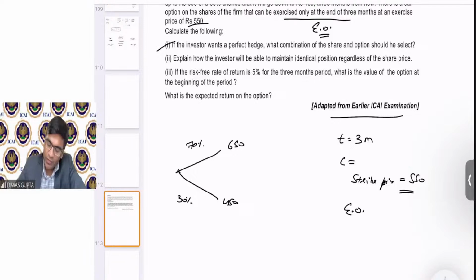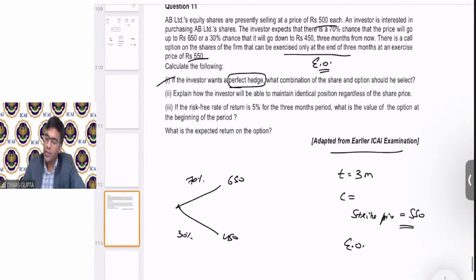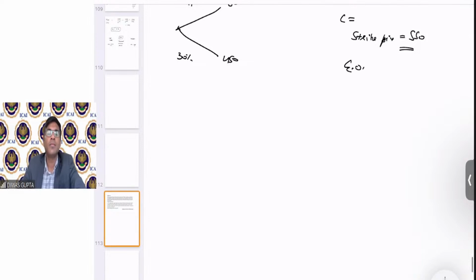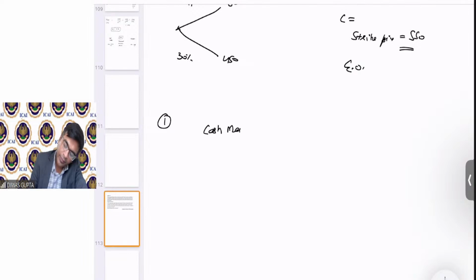Calculate the following. If the investor wants a perfect hedge, what combination of the shares and options should be selected? Now, students, I have a very basic question to all of you. This is the cash market, or I can say equity market, where the underlying is getting sold. This is the options market.